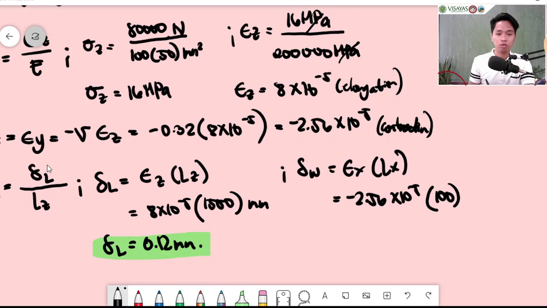That strain is equal to your deformation or your change in length over your original length. So I just manipulated it and substituted directly. You can try that. Therefore, your change in W, or your deformation at the width, is negative 2.56 times 10 to the negative 5 multiplied by 100. It is negative, meaning it became shorter. That would be negative 2.56 times 10 to the negative 3 millimeters.